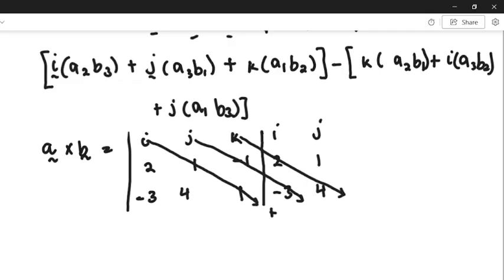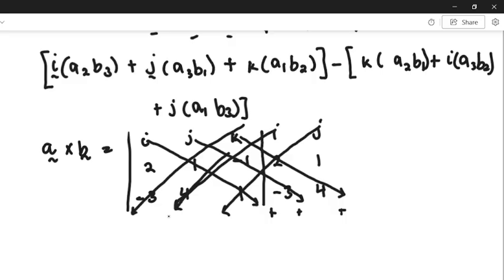The leading diagonals are adding, and then you're going to have k, i, and then this one is for j.